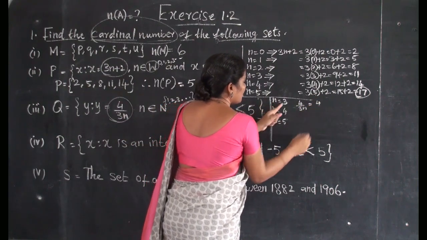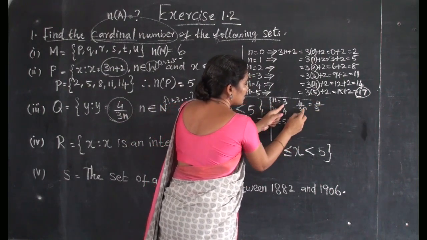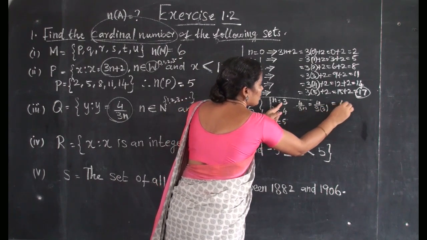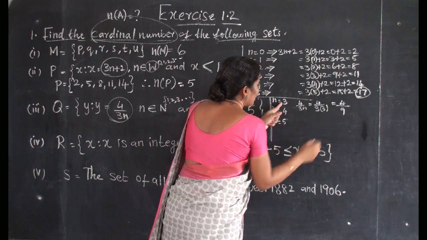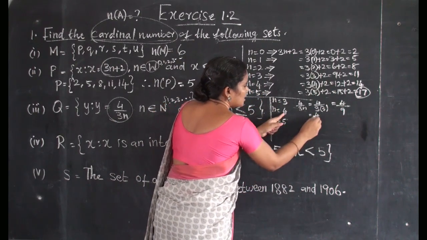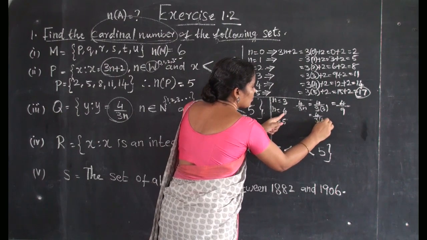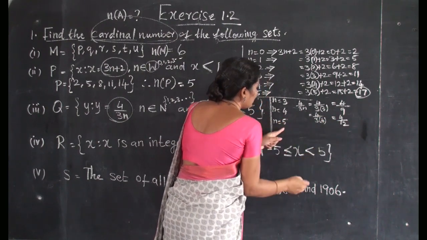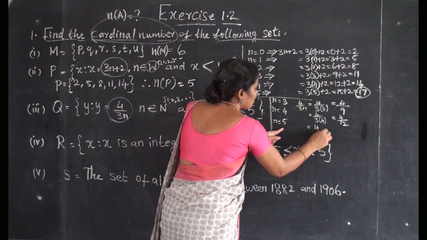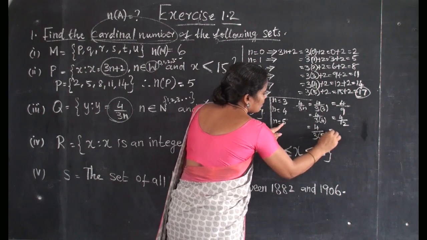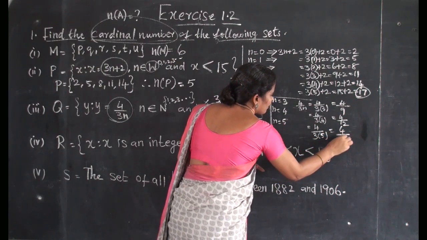In the place of n you have to write 3, so it is 4 by 3 3s are 9. Then take 4 in the place of n: 4 by 3 4s are 12. Then in the place of n write 5: 4 by 3 5s are 15.